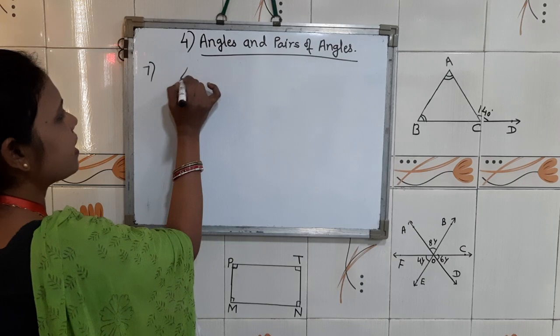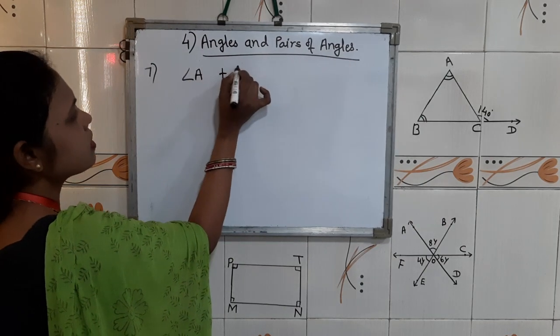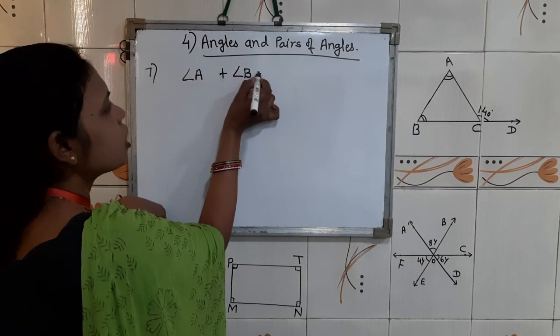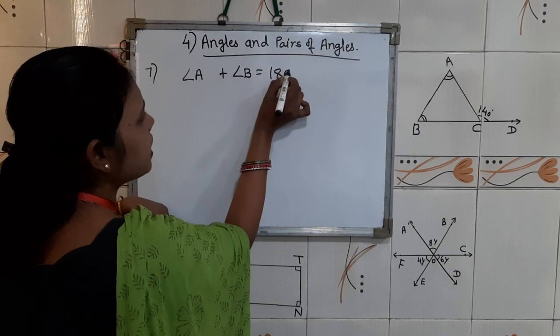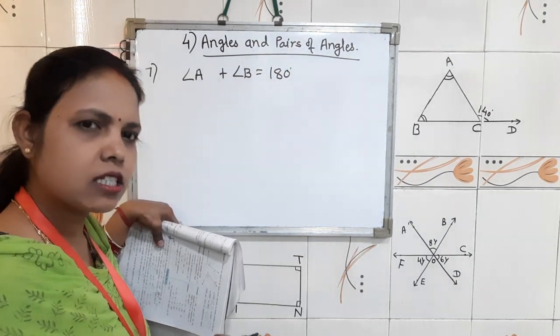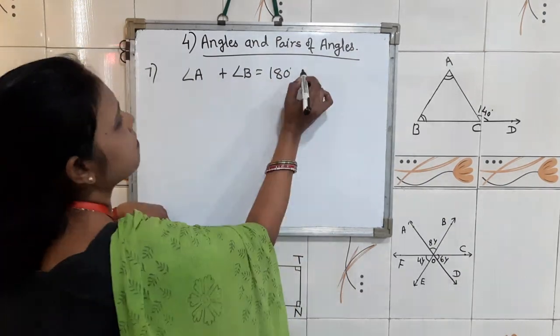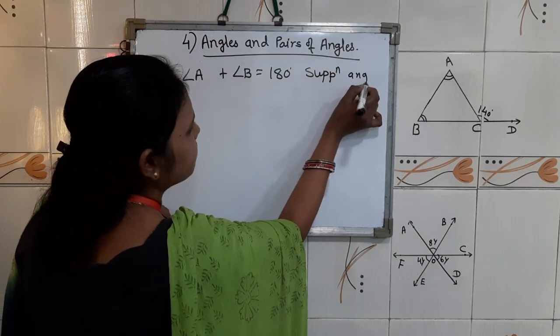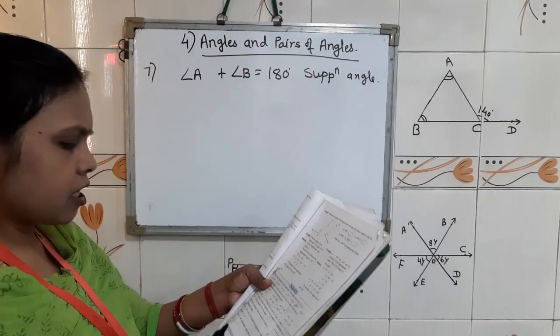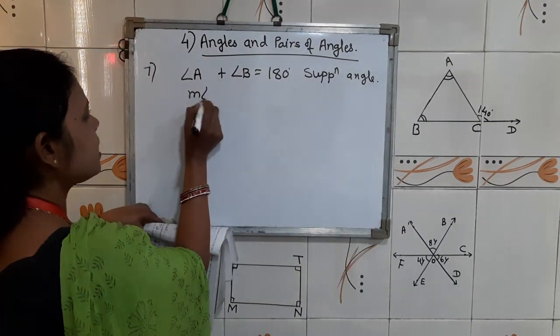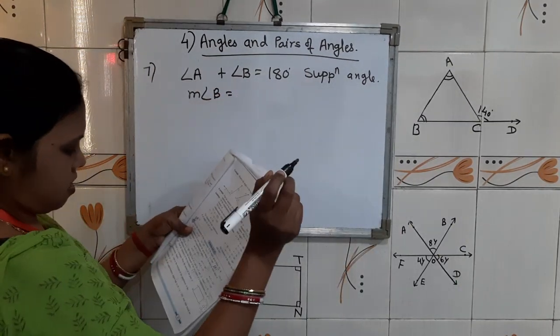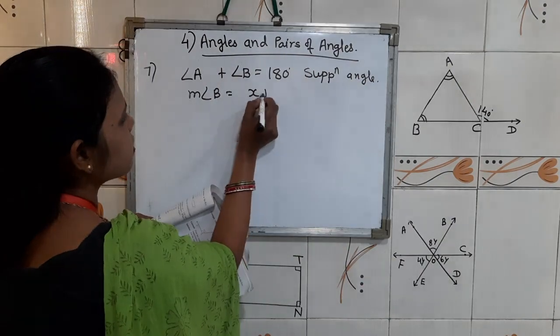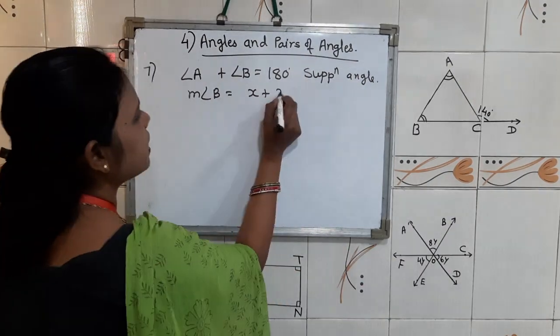So children, angle A plus angle B equals 180 degrees. Why? Because it's given that they are supplementary angles. Here the measure of angle B is given as x plus 20 degrees.